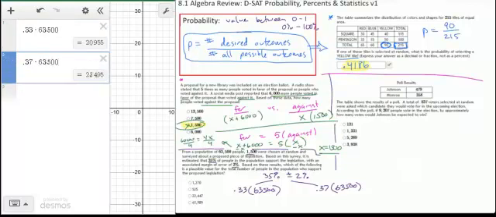My answer should fall somewhere between those two values. If I look at this as my lower value and my upper value, I'm looking for the one answer that falls between those, which would be answer choice C, the third answer choice.